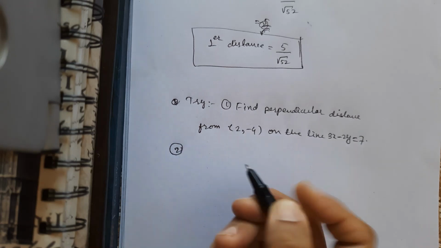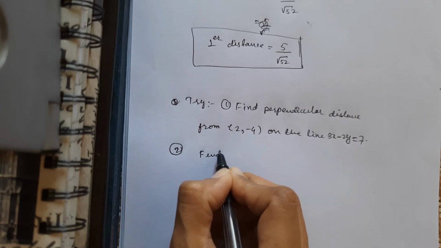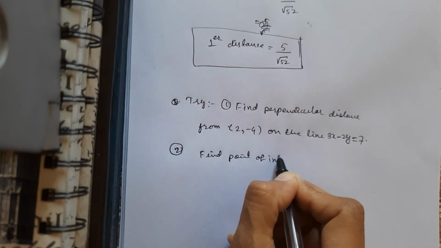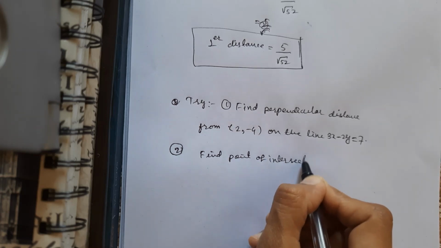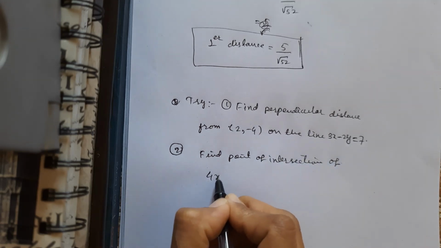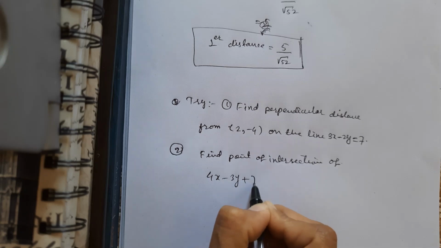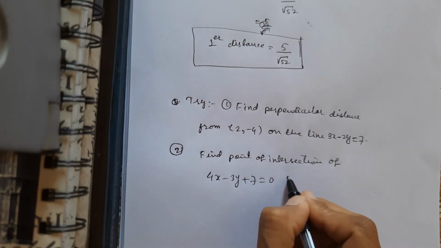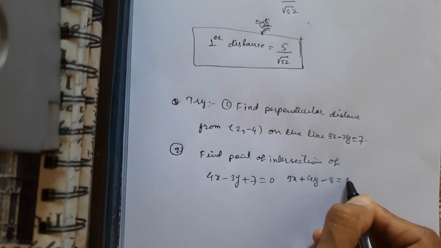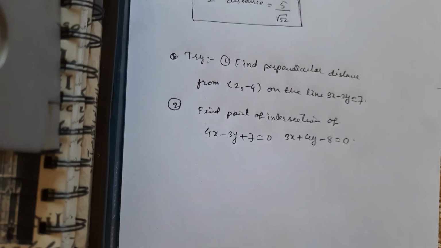And second, I want you to try to find the point of intersection of 4x minus 3y plus 7 equal to 0 and 3x plus 4y minus 8 equal to 0. So just try this example.